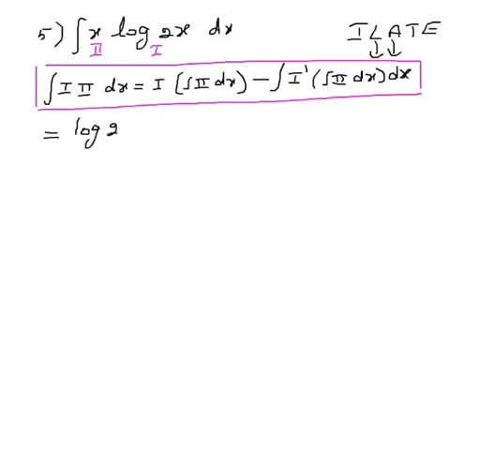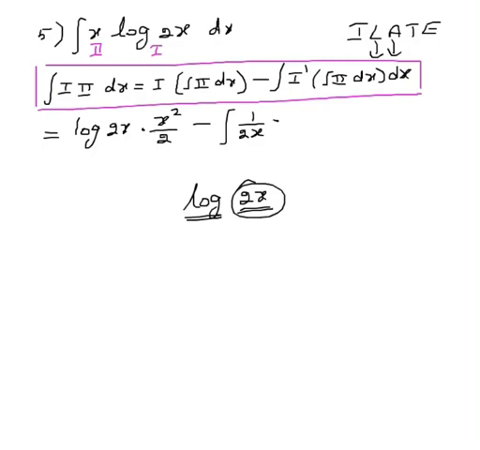First function is log 2x and integral of the second function, that is integral of x is x square over 2 minus integral differential of the first function, that is differential of log 2x. We have to use chain rule. First differentiate log, then differentiate 2x. Differential of log is 1 divided by 2x and differential of 2x gives you 2 into integral of the second function, which is x square divided by 2 dx.